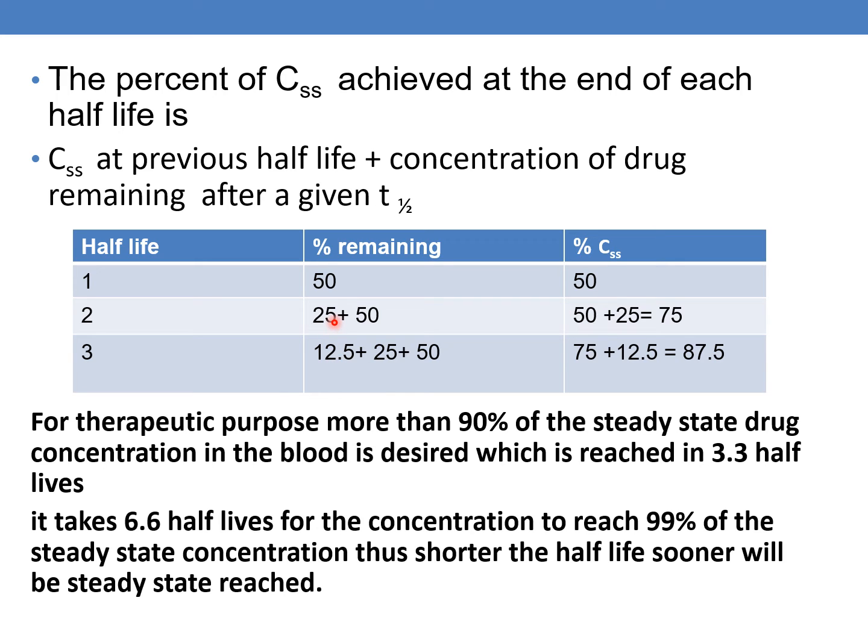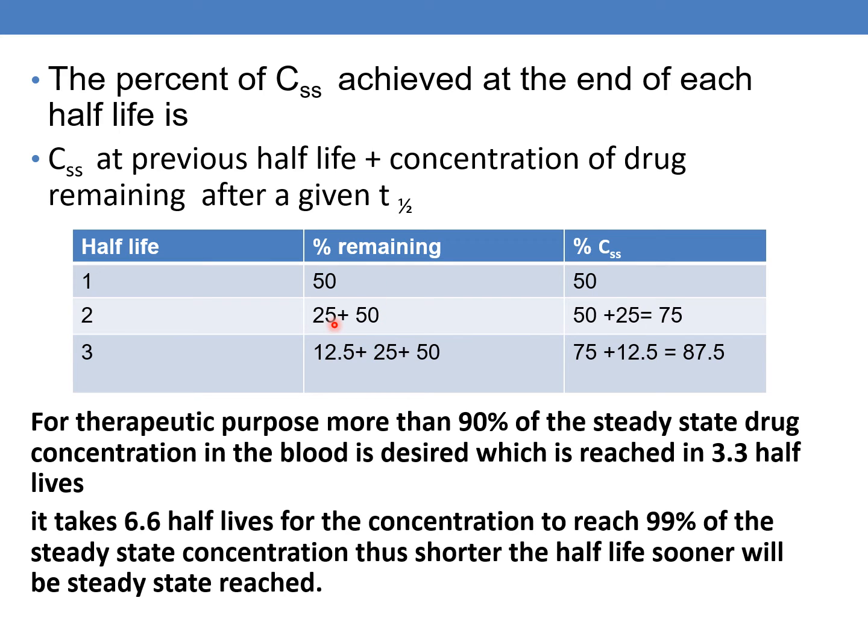After the second half-life, there is a drug accumulation concept. For further reference, you can refer to the drug accumulation video, in which the accumulation of the drug is clearly explained.